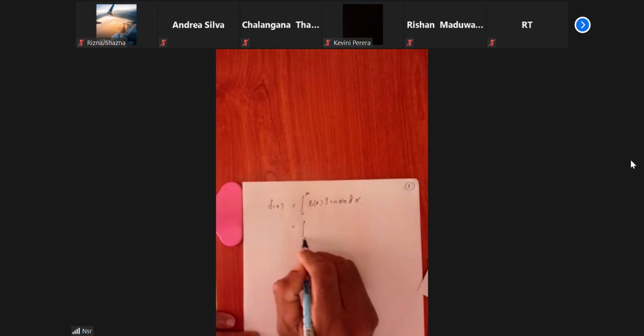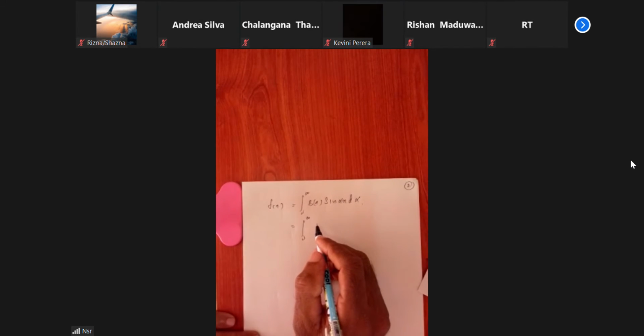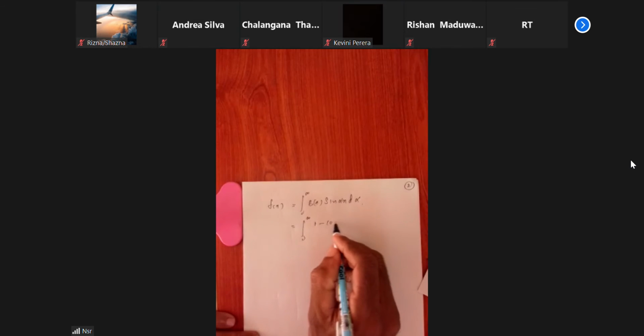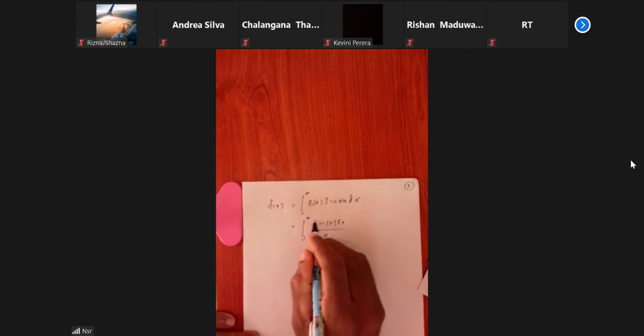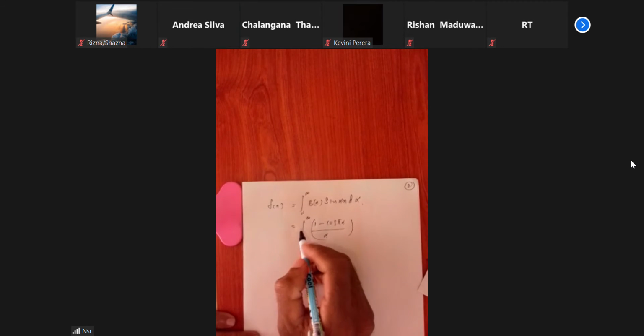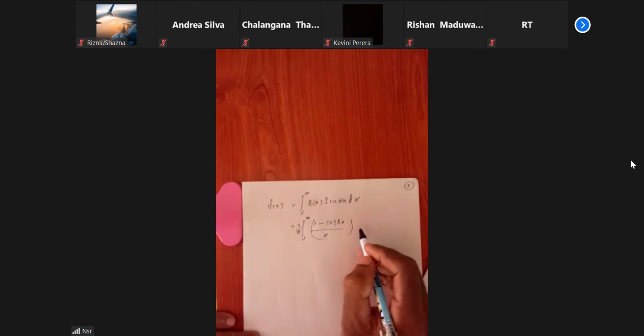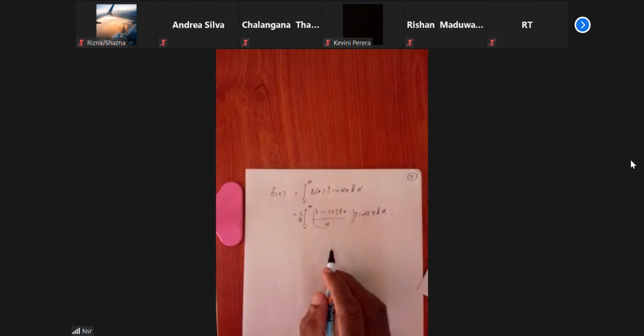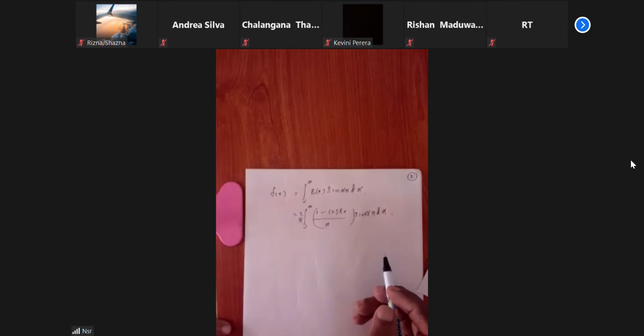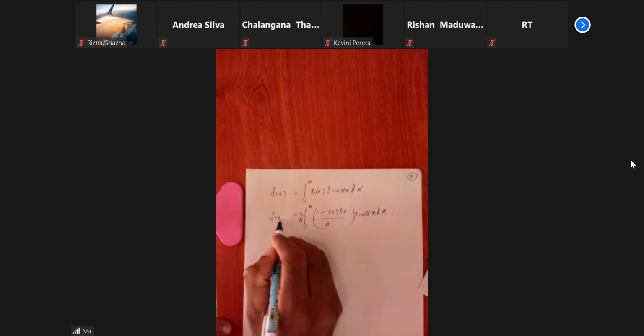That is integral 0 to infinity, 1 minus cos pi alpha divided by alpha. That constant you can take out, 2 divided by pi, and sin alpha x d alpha. That's the Fourier integral representation of f(x).